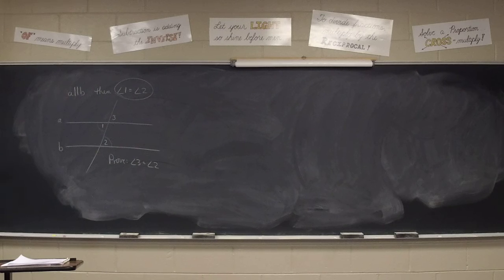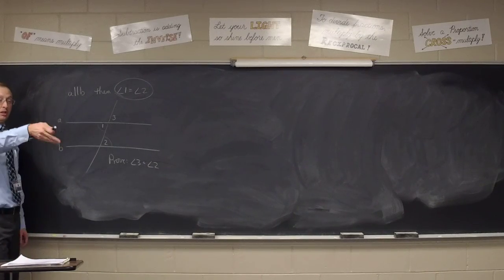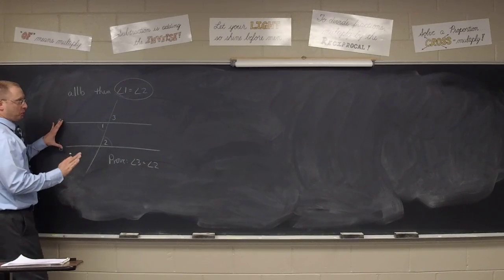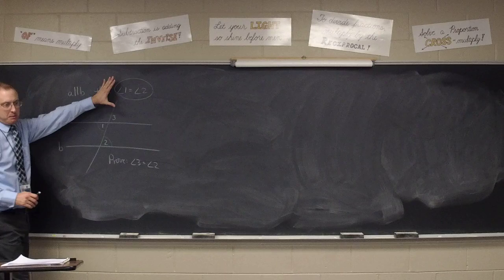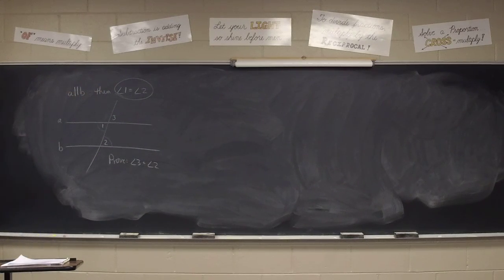Thoughts? I know that if A and B are parallel, we just proved in the theorem that 1 and 2 would have to be equal. Anything else is ridiculous. But now I want to prove that 3 equals 2.